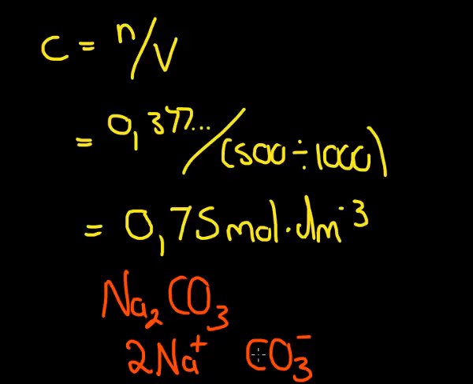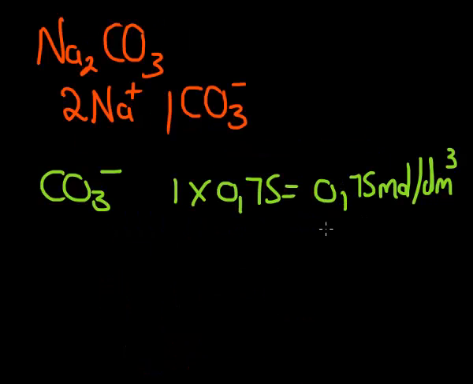We're not going to break it up into carbon and oxygen atoms. So if I've got only one carbonate ion, then I'm going to multiply that one with the 0.75 to give me the concentration of the carbonate ion. So that means the concentration of my carbonate ions is 0.75 mole per cubic decimeter.